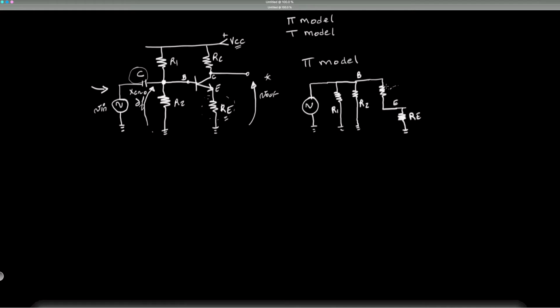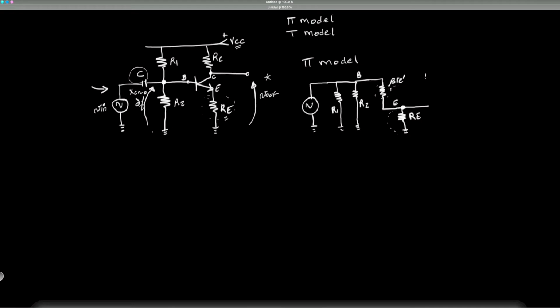Now let's get back to our pi model representation of this internal resistance. This would be beta RE prime, as we've seen in previous models that we've drawn before for the pi model. But specifically now the difference is that we have RE from emitter to ground. So what else?